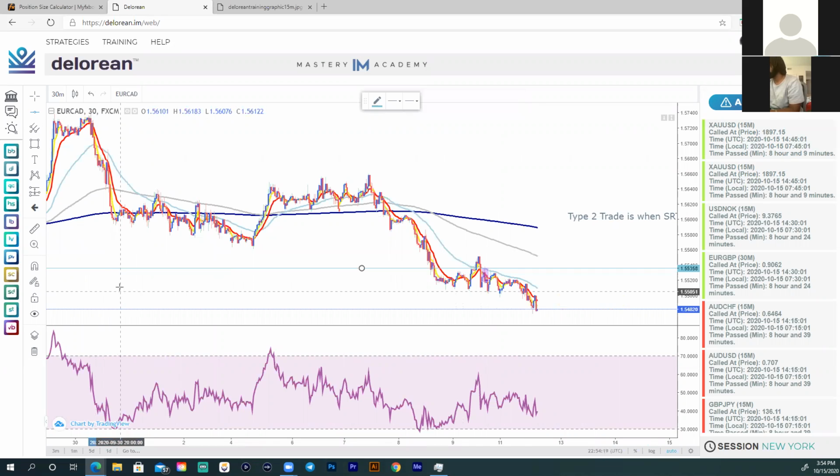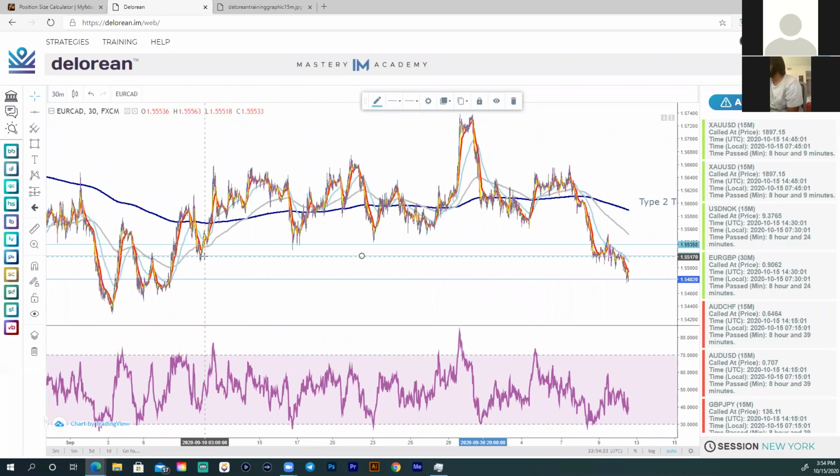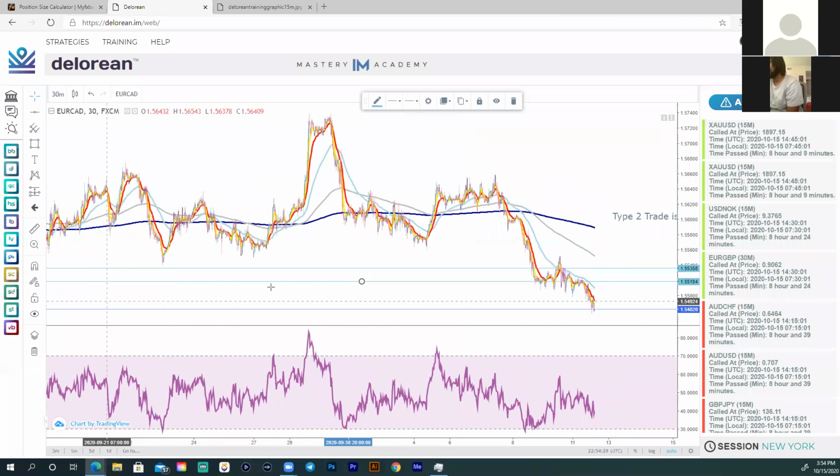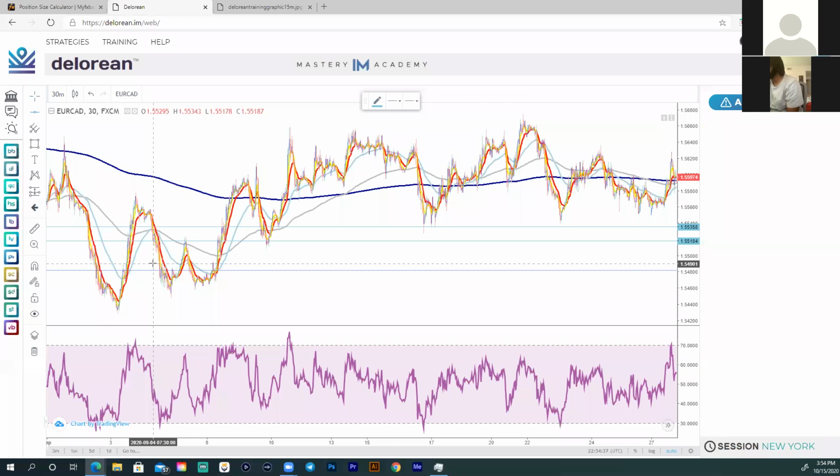And where we want to get in at is right there. All right. So we mark where the next level of support and resistance is. After our entry point, we will see that the next low is down here.